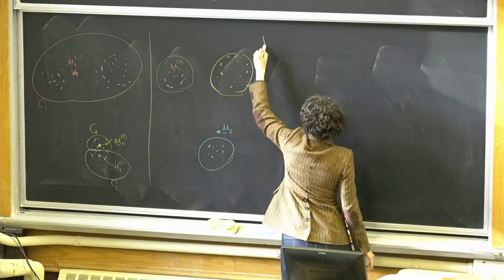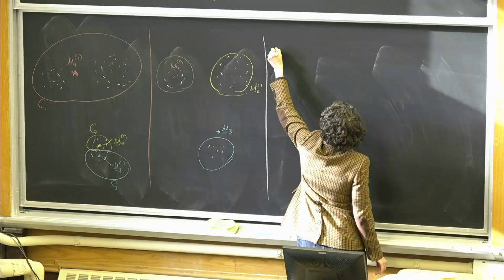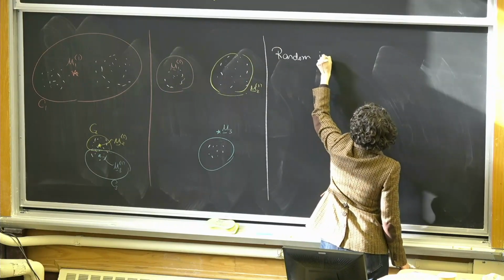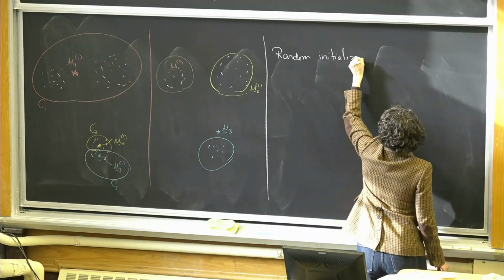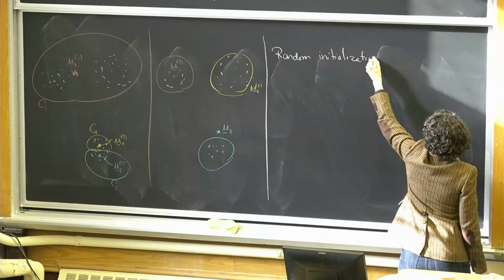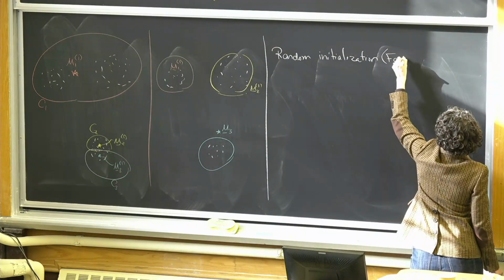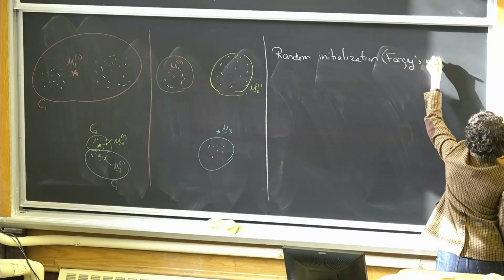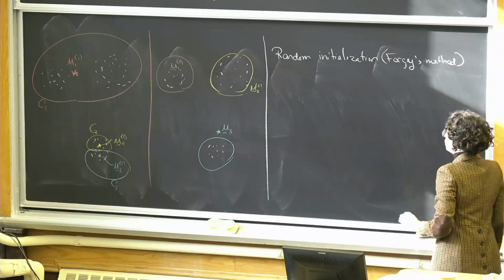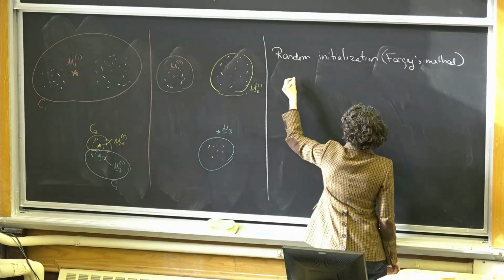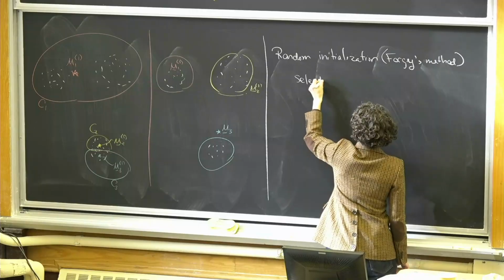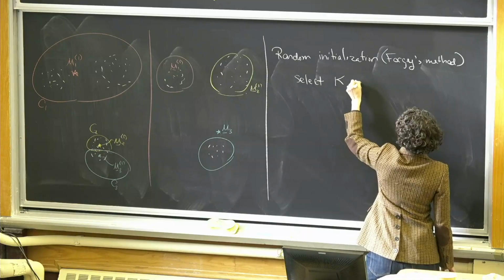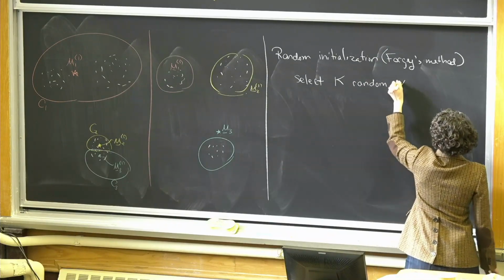So first of all, let me just say that the random initialization, which sometimes I've seen called, I'm not even sure how to pronounce this, Forgy's method, is basically to select k random xi's.